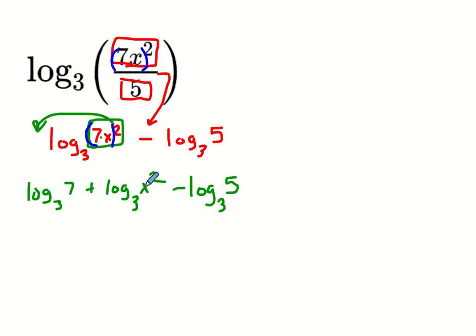So our argument here is x squared, and so squared applies to everything here, and so we can actually move that up to the front. So then, instead of rewriting the whole thing, because that will take a minute, I'm going to put the 2 here, and then I'm going to erase that 2. So we just moved the 2 up to the front. So this should have been your answer.